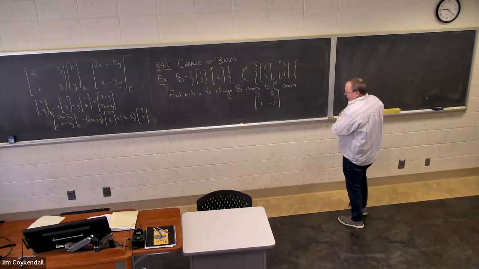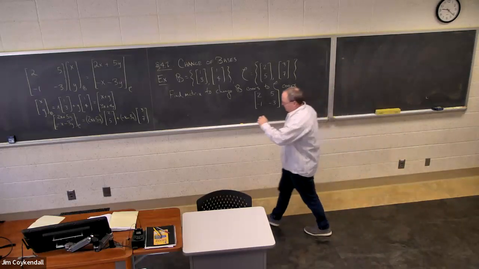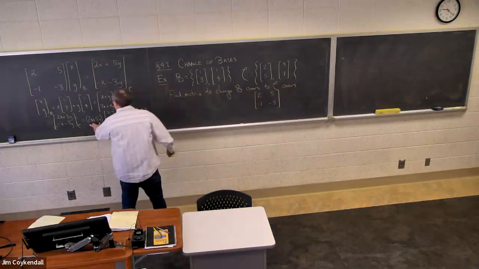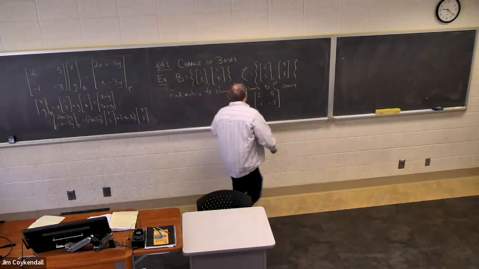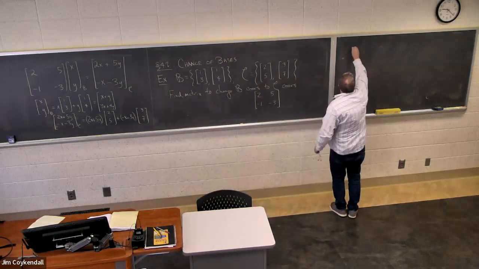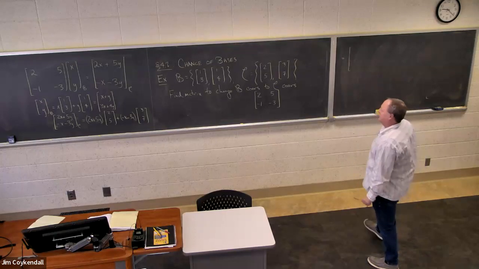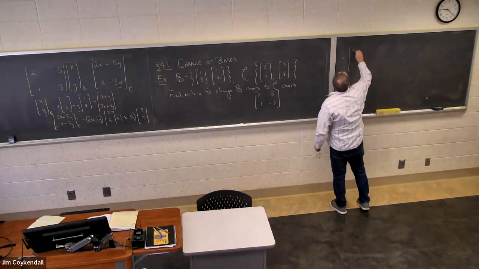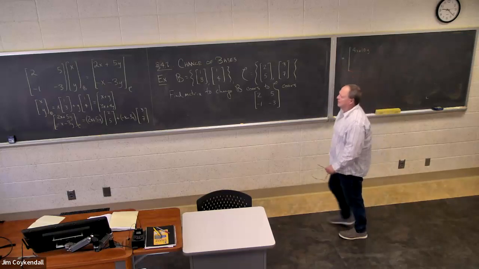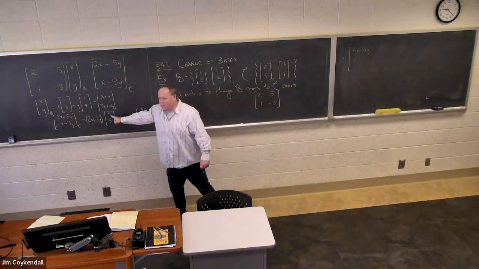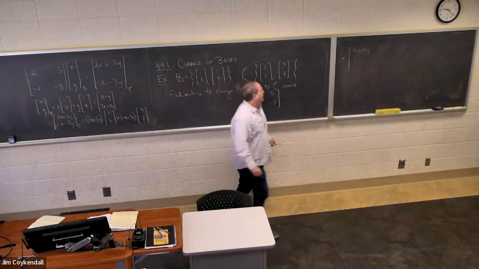So what this matrix does in C coordinates: it's 2X plus 5Y times the first C vector, and this times the second C vector. So this becomes 4X plus 10Y, that's the top coordinate here, right? And then minus 3X minus 9Y.